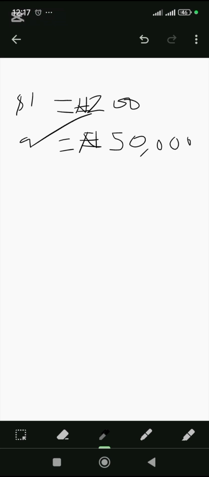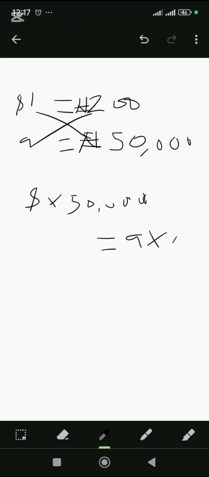These can cross multiply. You see, the equal to sign now merges these two equations together so that you can have $1 times 50,000 equals A times 200 naira.